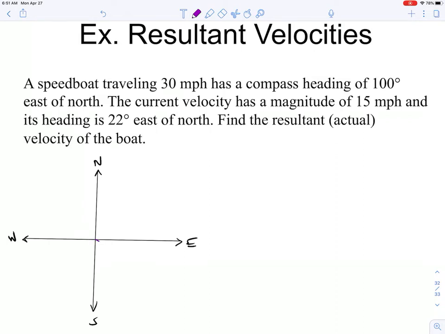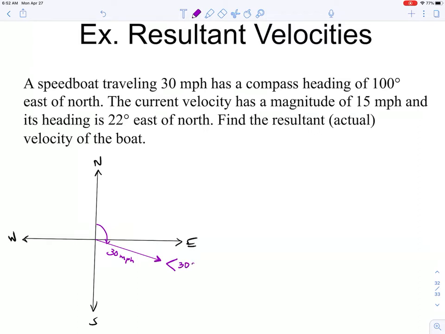And has a compass heading of 100 degrees east of north. Okay, so 100 degrees east of north would actually be down here. So the magnitude of this vector would be 30 miles per hour. This angle right here would be 100 degrees east of north.